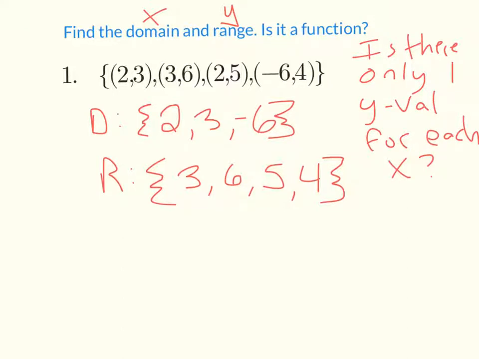Okay, so if I'm looking at that, I see I have my two 2's. The y's are different, okay? When the y's are different, for the x value of 2, since I have 2 of them, this is not a function.